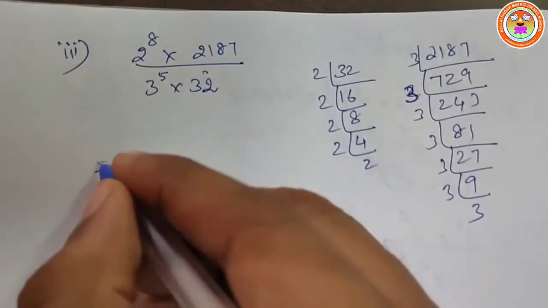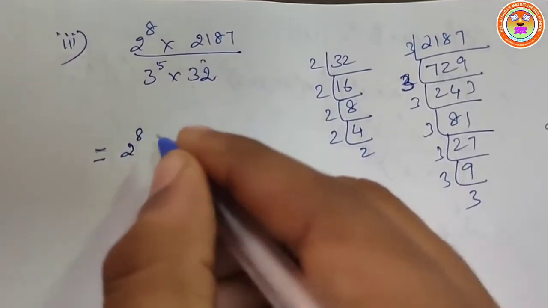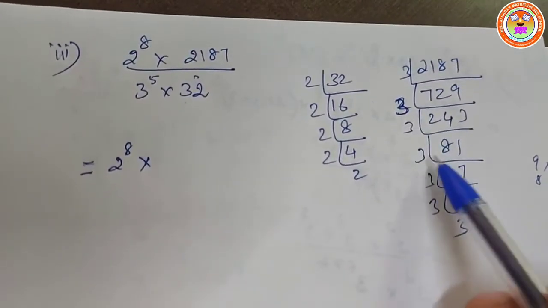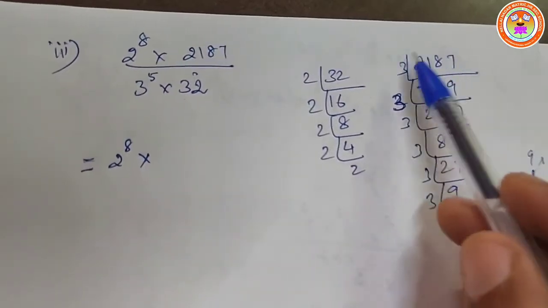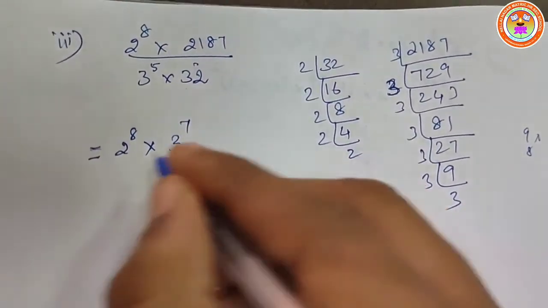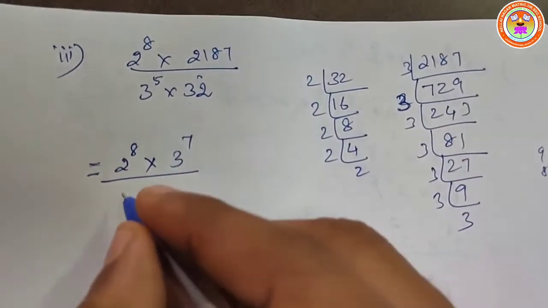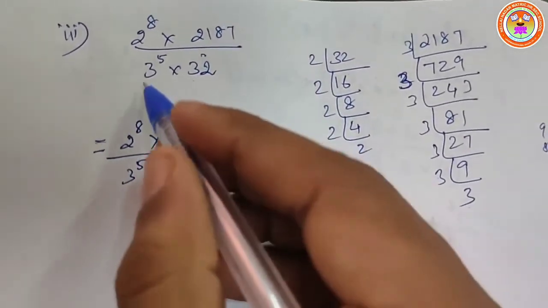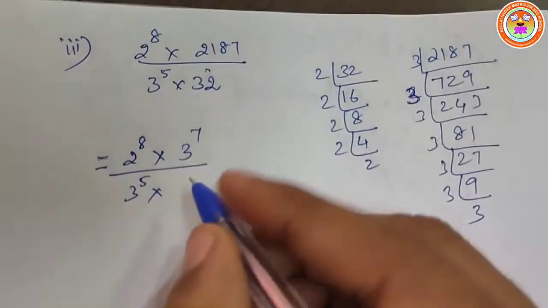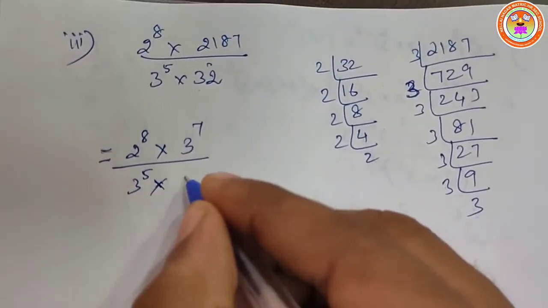You might have got 2 power 8 into 3 into 3 into 3 into 3 into 3 into 3 into 3. How many 3s are there? 1, 2, 3, 4, 5, 6, 7. So you are getting 3 power 7, and in the denominator, 3 power 5 into 32, 1, 2, 3, 4, 5. 32 you can write as 2 power 5.